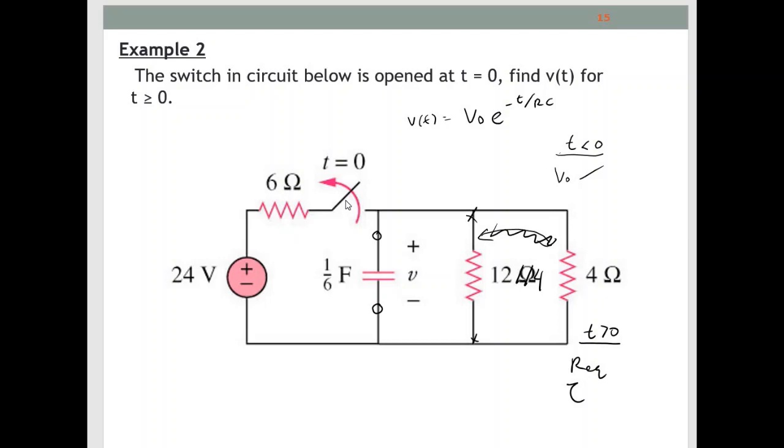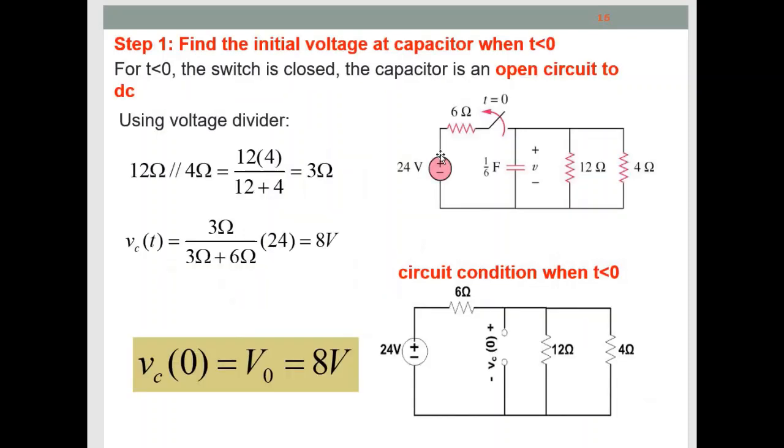R equivalent here is equal to 12 and 4 in parallel. You have counted this one previously, maybe during your operations to find the V naught. So after you find the R equivalent, you can just multiply it with this one. You get the value. Okay, this is the detailed description of how to analyze the circuit.